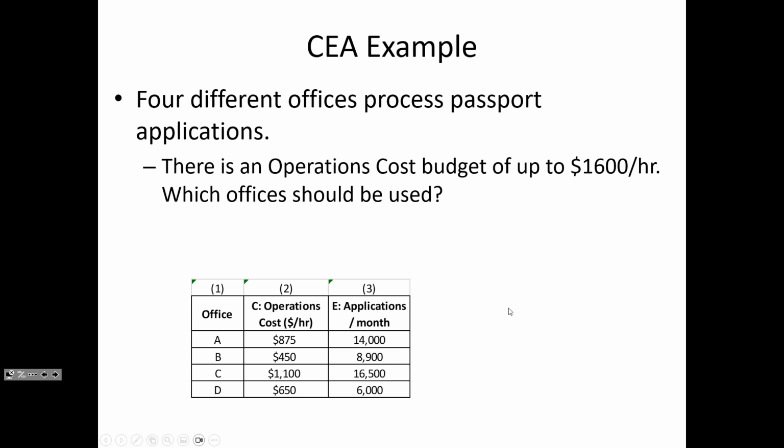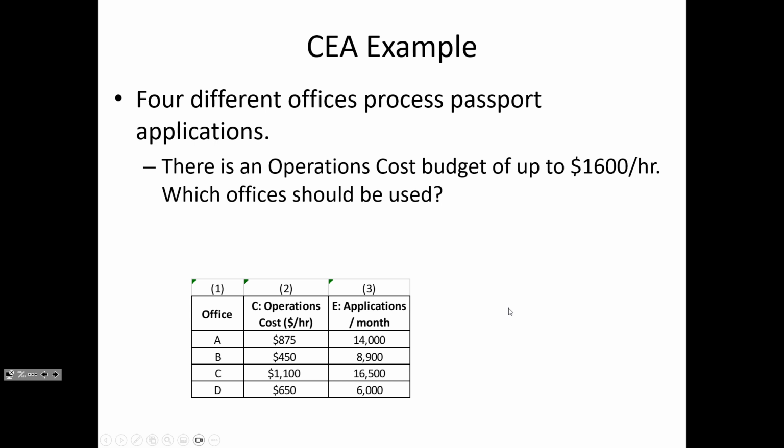So as an illustration, let's say that we had 4 different offices that are each processing passport applications. And so it could be that there's an office in New Orleans and Washington, D.C., one in San Francisco, and one in Fargo, North Dakota. And those 4 offices are all processing applications, and they have different operational costs because maybe the real estate is expensive in D.C., but it's cheap in Fargo.